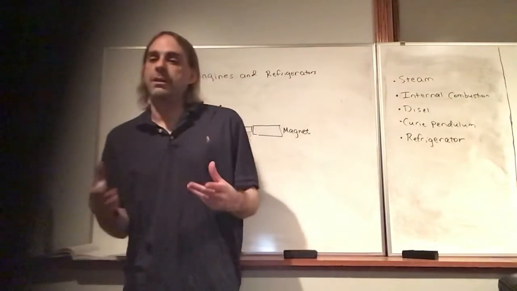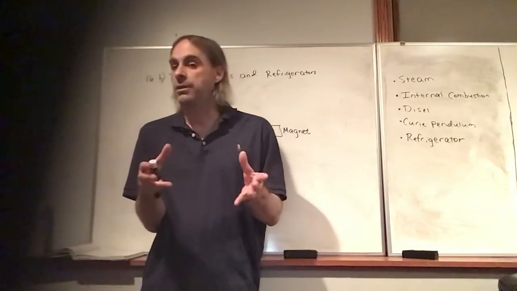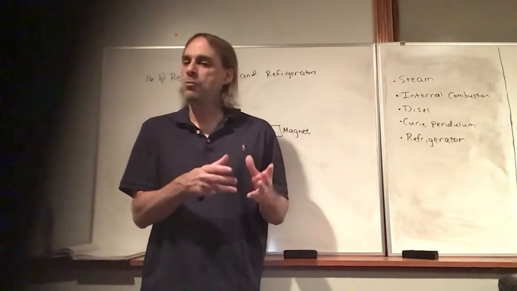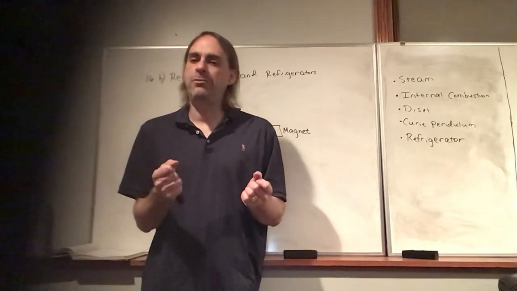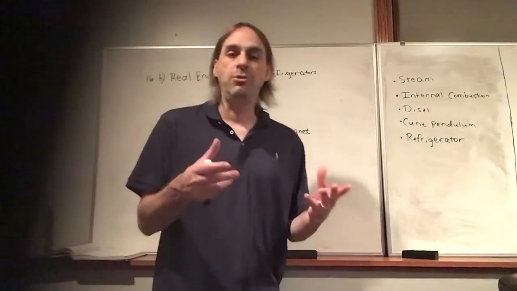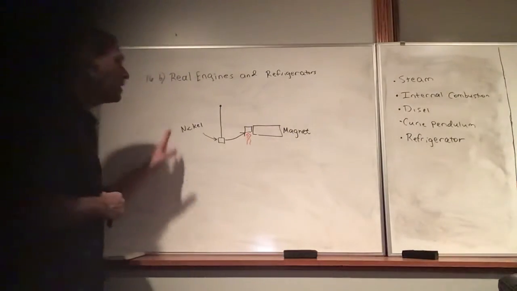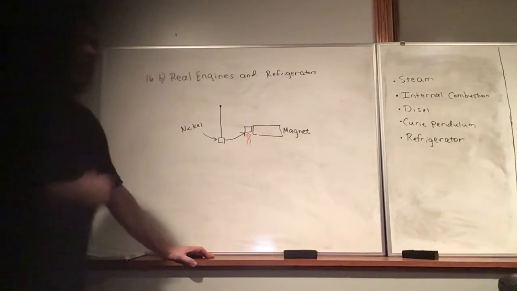So the energy is absorbed, and when an object absorbs energy, the atoms move around more. If you heat up an object enough, it can't maintain this organization and it loses its magnetic properties.